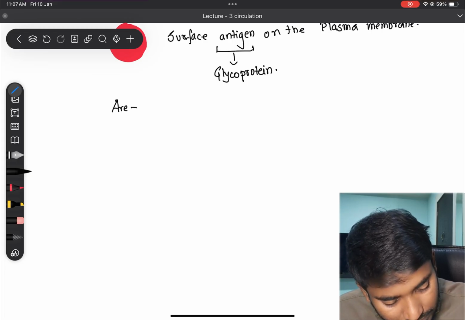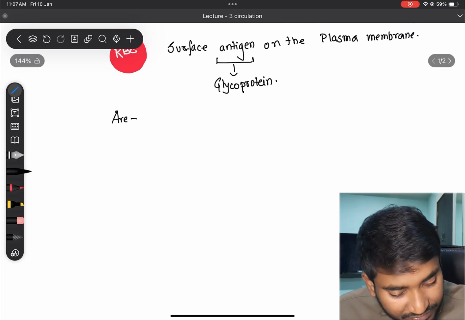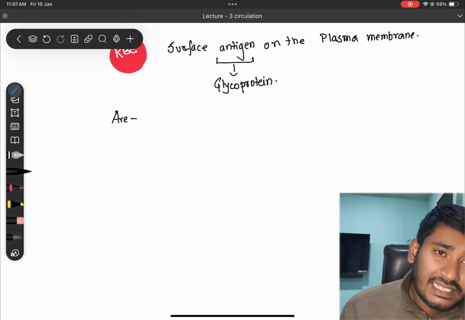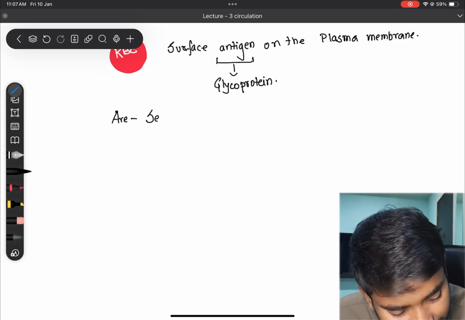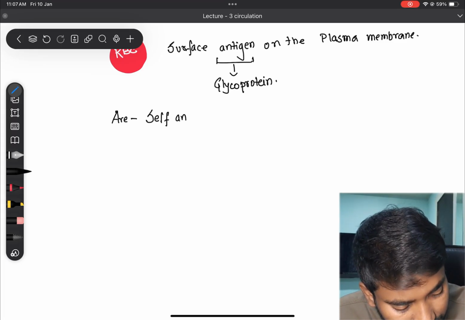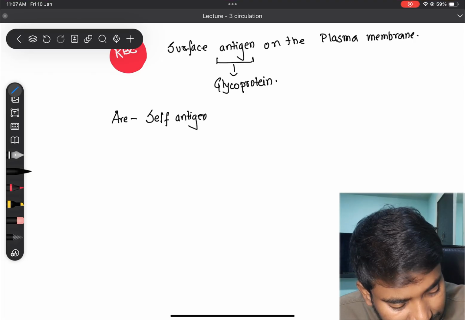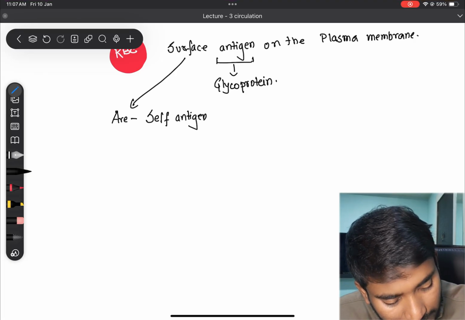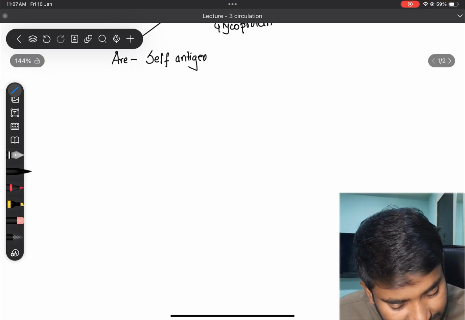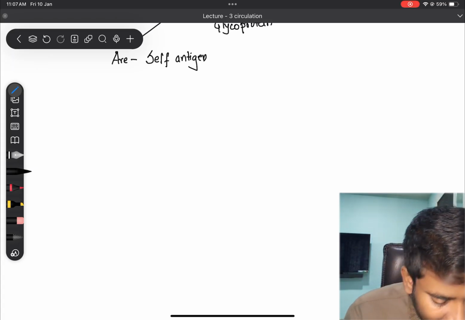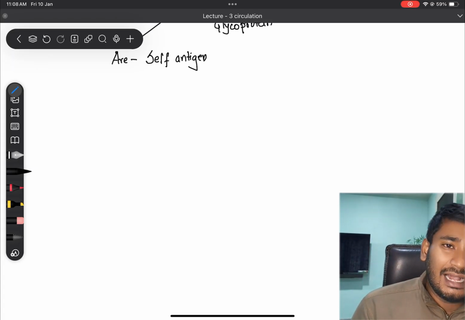What is the surface antigen? Surface antigens are self antigens.